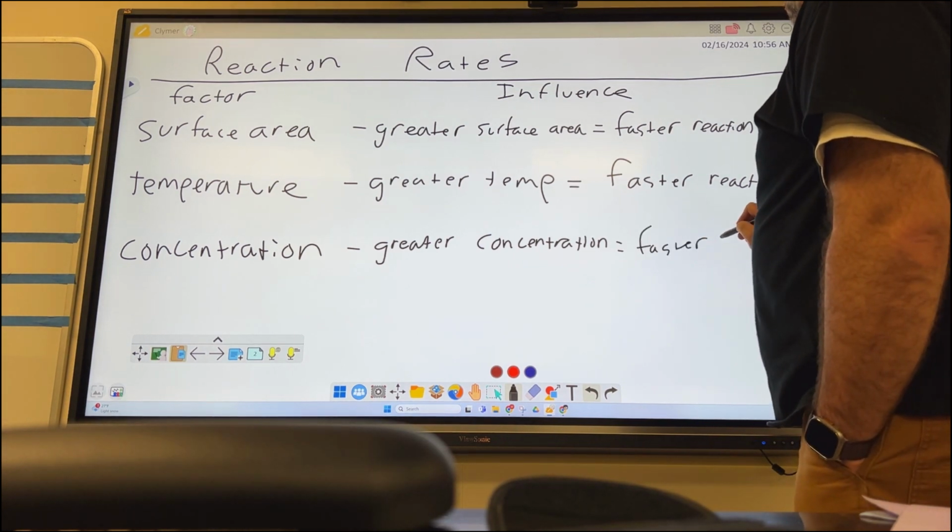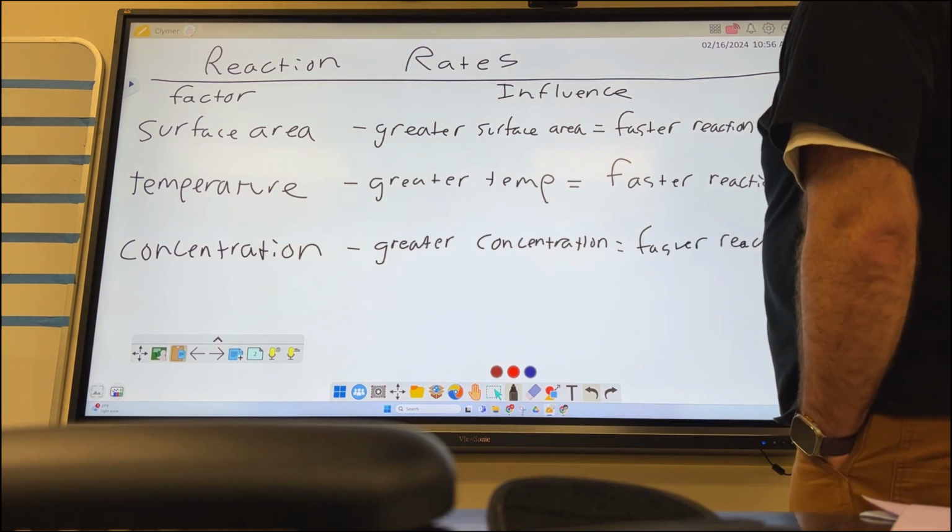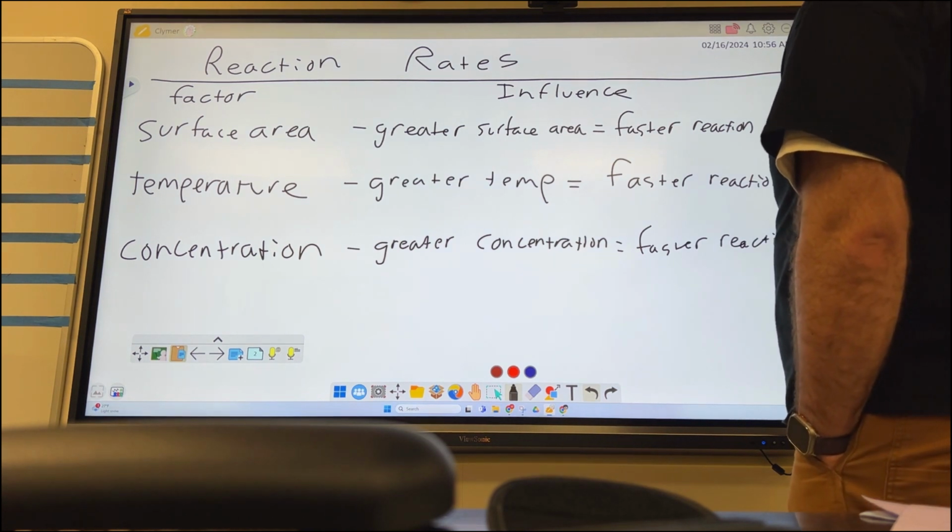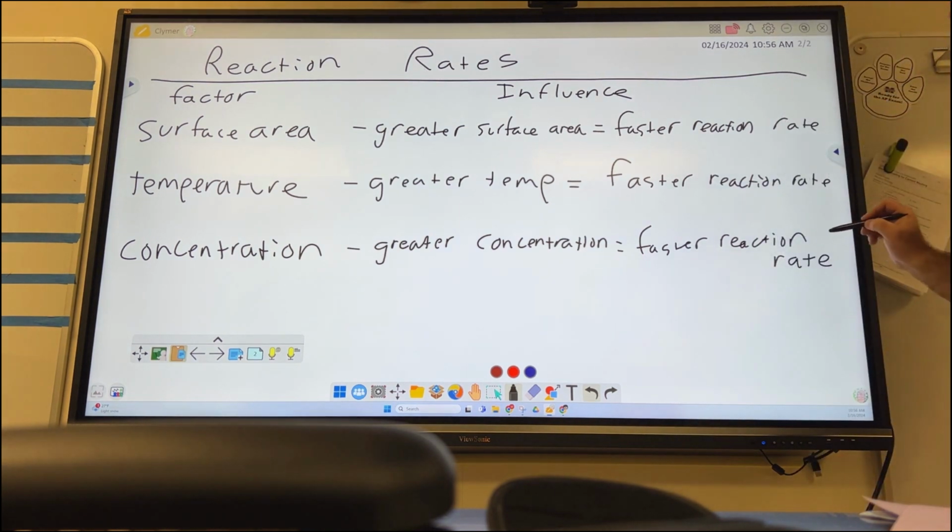So for these three factors, you could see a pattern emerging here, right? Higher concentration, faster reaction. Higher temperature, faster reaction. Greater surface area, faster reaction.